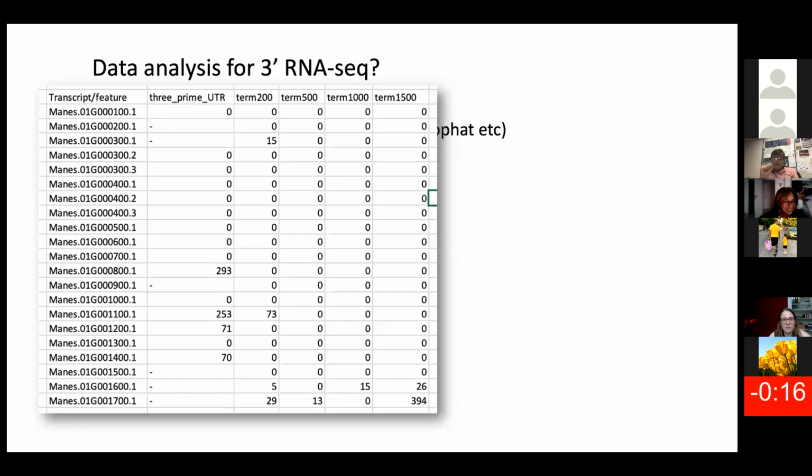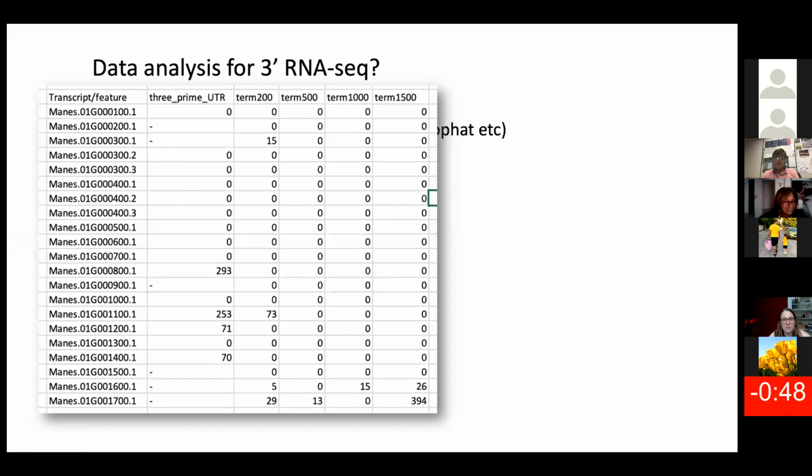And this I can show with this small screenshot of an Excel sheet where you see the gene names, and then in the first column the 3' UTR. If you have a 0, it means I have no hit. If you have a dash, it means I have no annotation. So you see, for example, in this case I have no annotation for a UTR, but I have a hit 200 base pairs downstream of the gene.